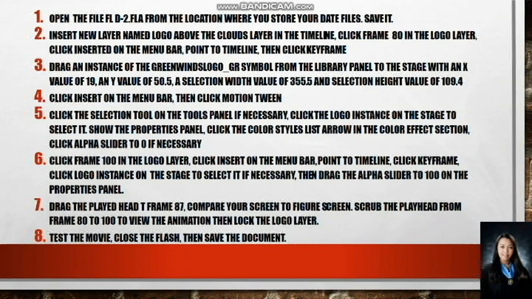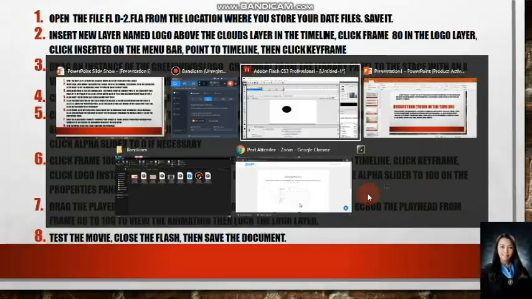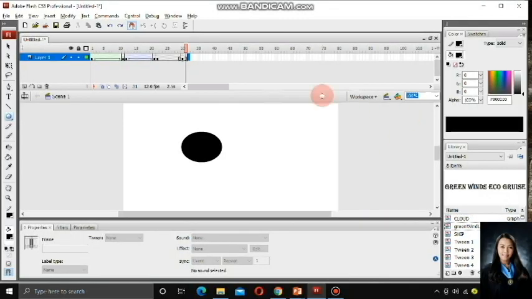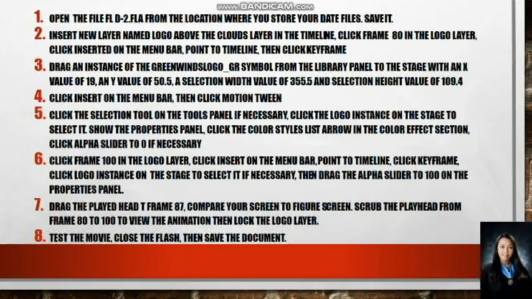Here are the steps on how to create a motion tween using Flash. So let's go to our Flash. First thing to do is open the file if you have the file already existing. Open your recent app from the location where you store your files, and save it. So process number 2.